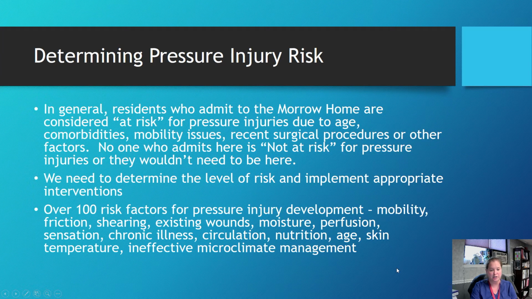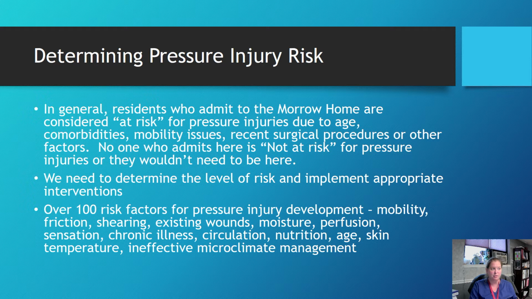So in general, pretty much anyone who admits to the Morrow home is considered at risk for pressure injuries, whether that's due to age, comorbidities, mobility problems, surgeries, or nutrition. Pretty much no one who admits here is going to be not at risk, or they wouldn't need to be here.